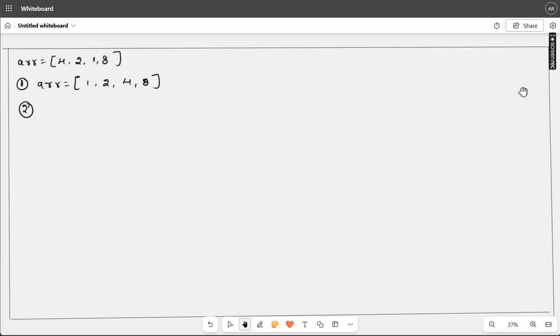To get the maximum sum of absolute differences, the formula is 2 into the sum of the large half minus the sum of the small half. So this is the formula.